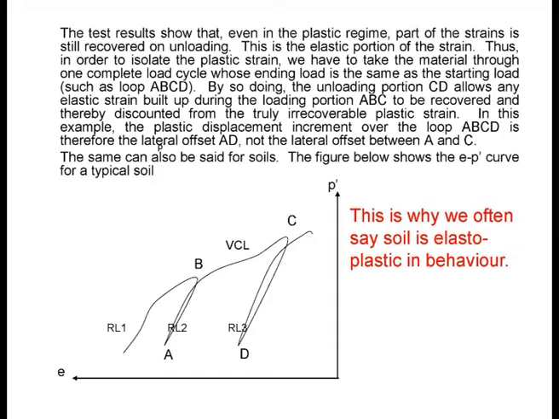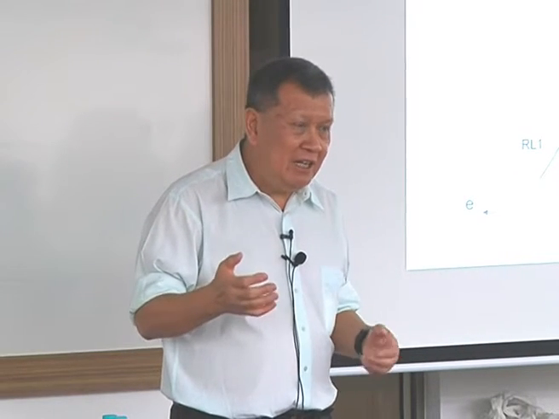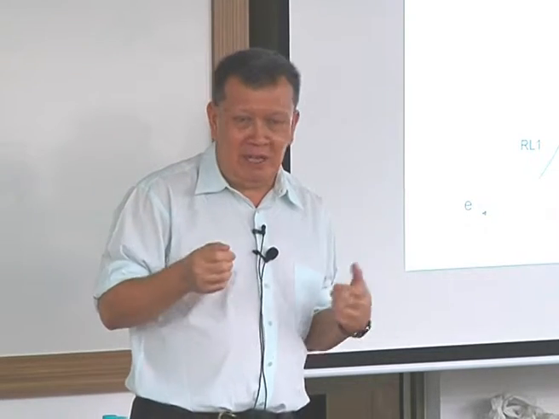The recompression line is usually regarded as the same as the swelling line. When you measure either the recompression or the swell, you regard them to be the same. The idea is that the two are so close that for the sake of simplicity, we will just treat them as one and the same. That is how a lot of people usually regard it.